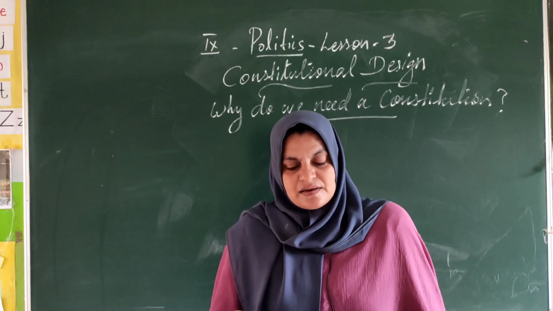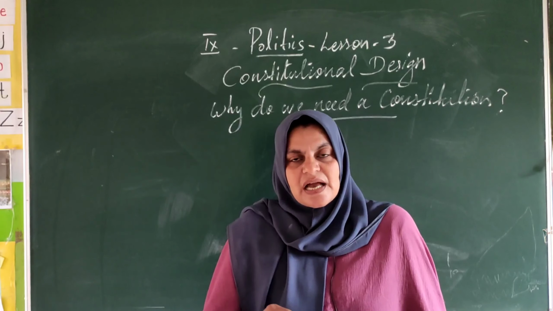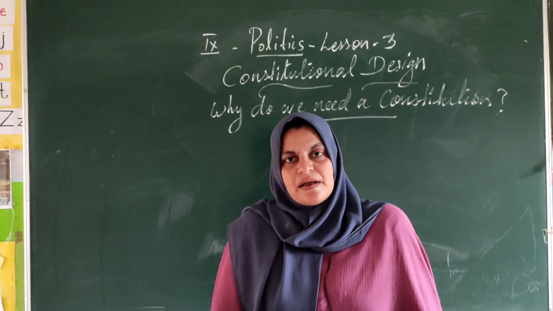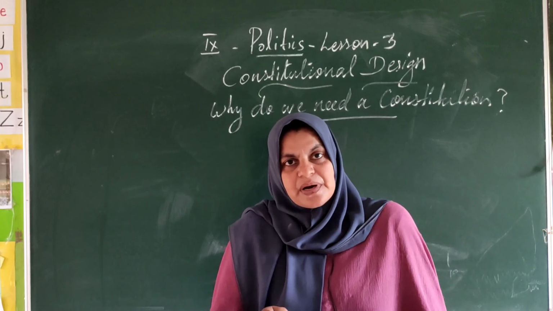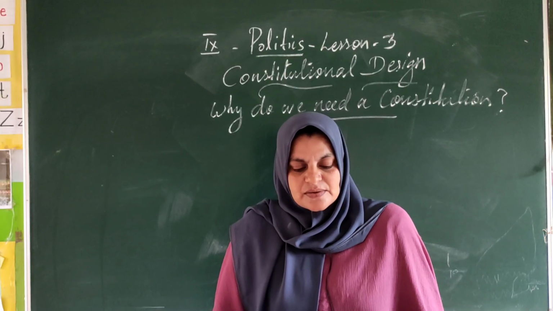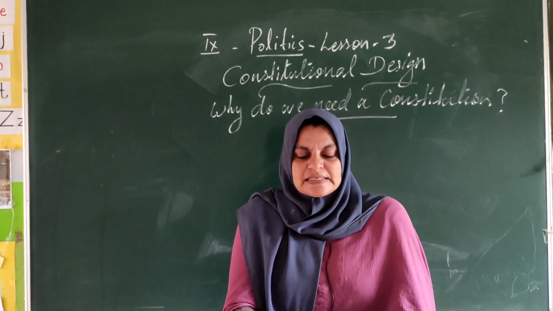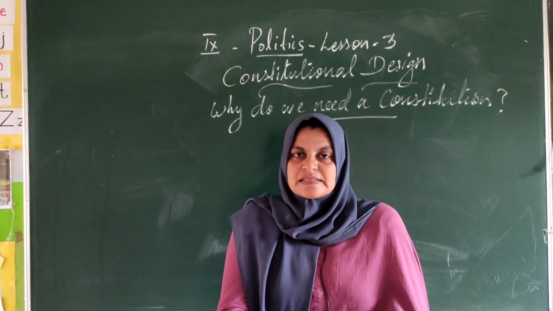And the way they have to run the government, how they have to consider the black people, and how the black people consider the white people, everything should be in the rules. And finally, these rules decide the rights of the citizens.